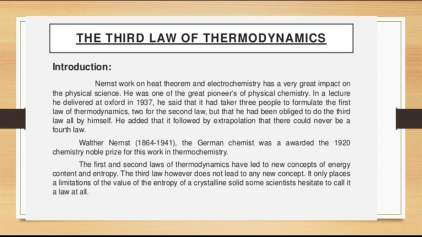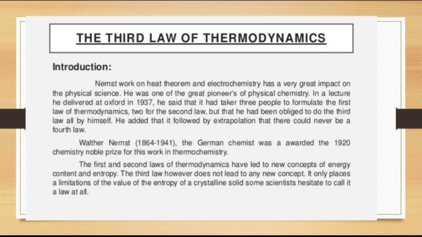Nernst, 1864 to 1941, is his lifetime. He was a German chemist and was awarded the Nobel Prize in 1920 for his work in thermochemistry. The first and second laws of thermodynamics have led to new concepts of energy content and entropy.